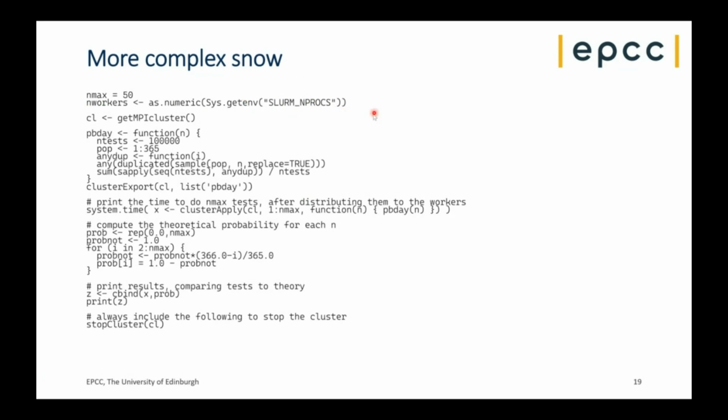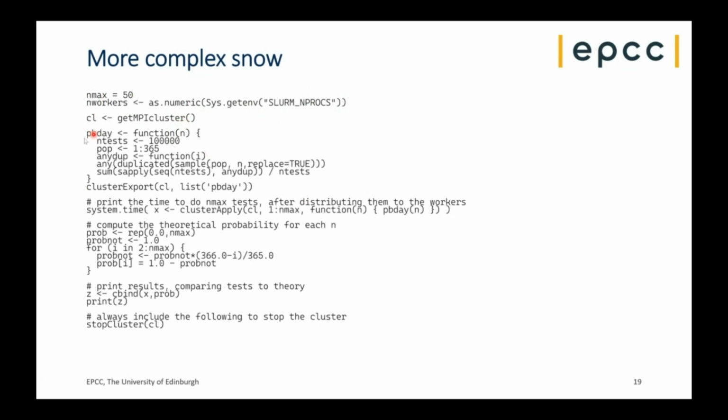We're picking up how many workers have been specified in the batch script by getting the environment variable SLURM_NPROCS. And then we can use that to specify the number of workers we want to parallelize some of these things under. And then, in fact, that should be included in this getMPIcluster.